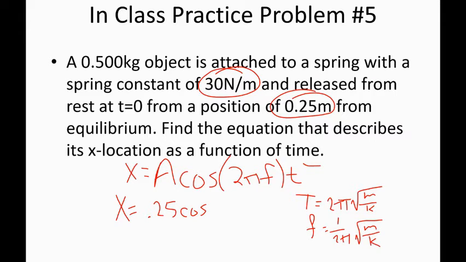When I plug in my mass of 0.5 and my k of 30, I get 1 over 2 pi square root 0.5 over 30. That ends up giving me a frequency equal to 1.23 hertz.